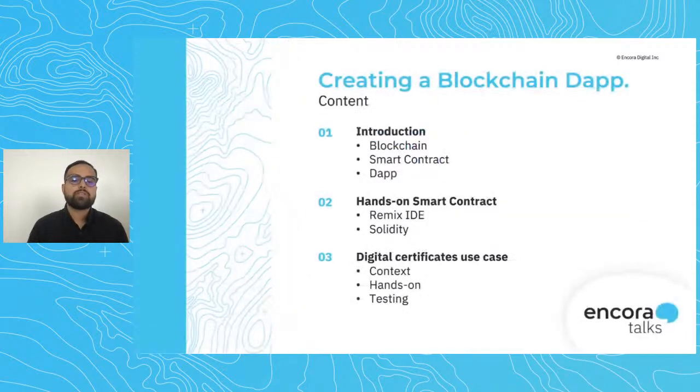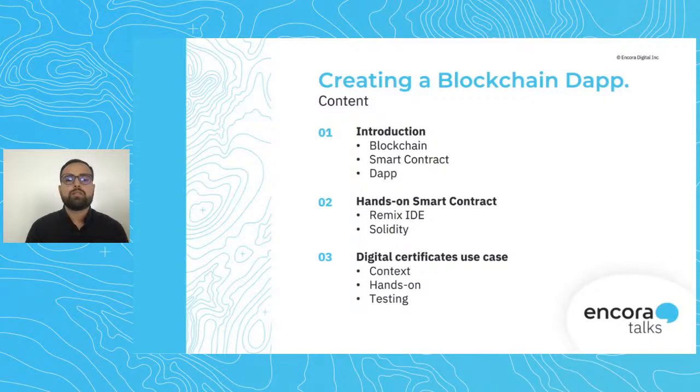So first, I will make a quick introduction into the decentralized applications topic, covering some elements that might be helpful to understand what is going on when we are making the implementation. On the hands-on step, I will try to explain how the smart contract will be built on the use case, introducing some technologies like Solidity and the Truffle framework.